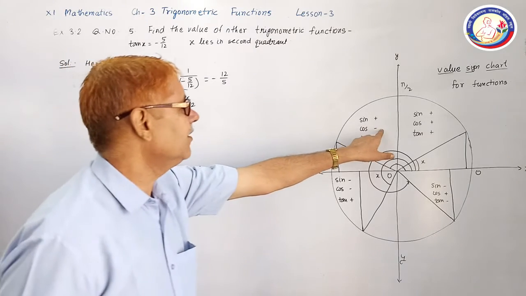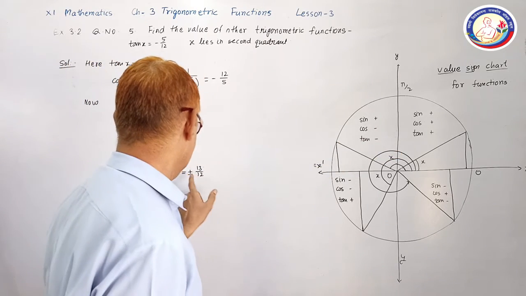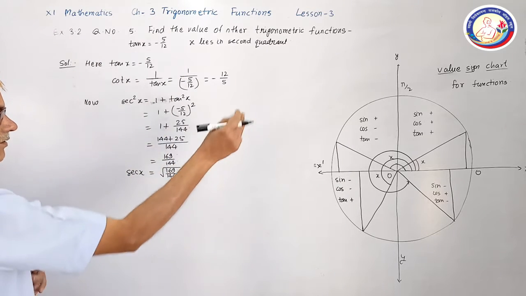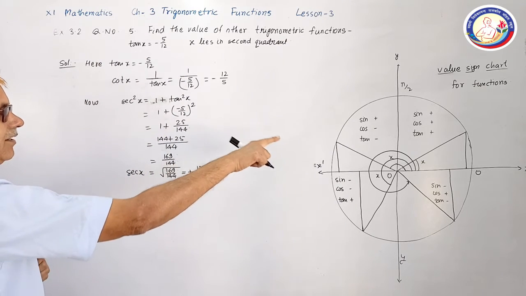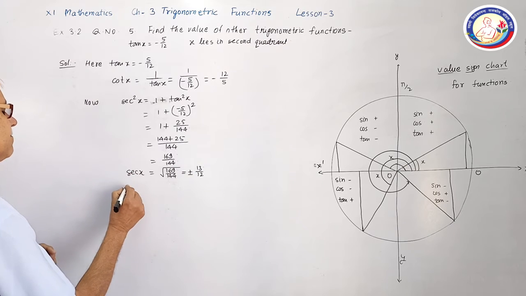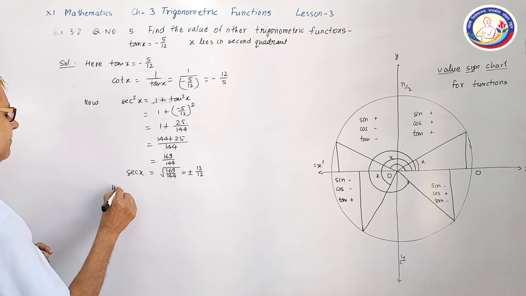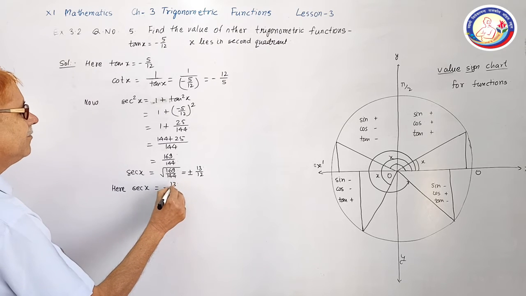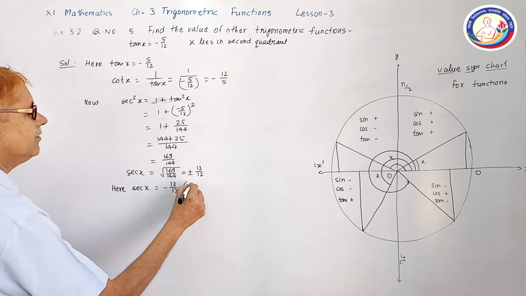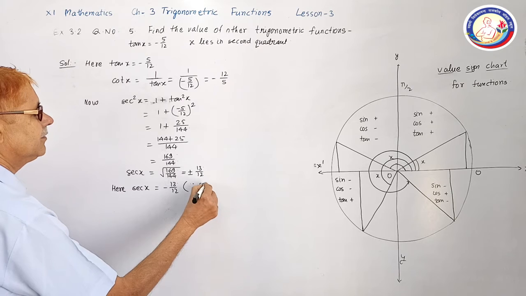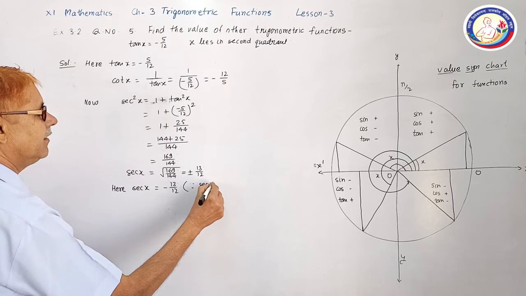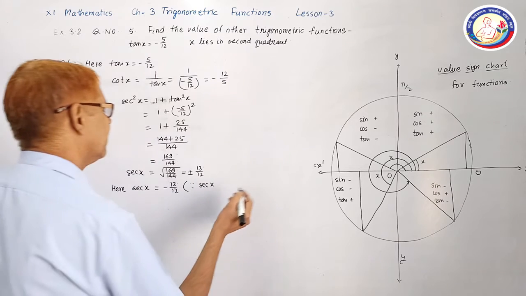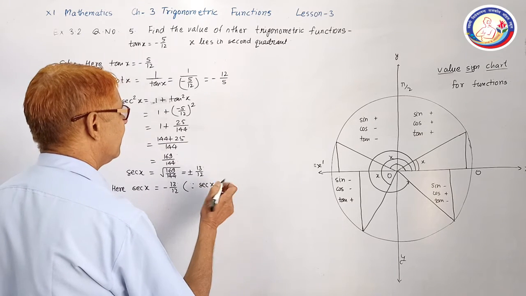Cos is negative in second quadrant, so we will choose the negative value here because sec will be negative in second quadrant. Here sec x equal to minus 13 upon 12 because sec x is negative in second quadrant.